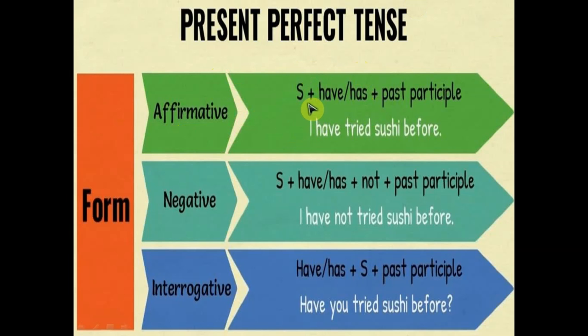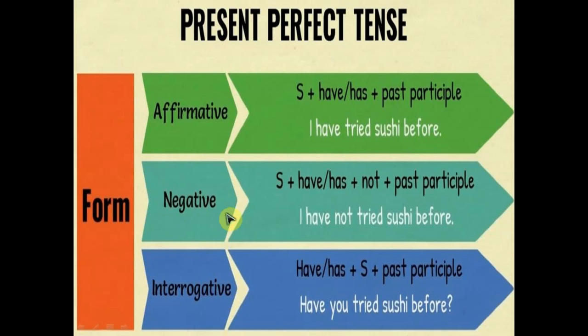The subject here may be a proper noun or a pronoun, like he, she, it, I, we, they, and so on. Okay, so I start with the subject, then have or has, okay? Then the main verb in the past participle form. For example, when I say, I have tried sushi before. So here, I started with the subject, then have, okay, then the past participle verb, which is tried.